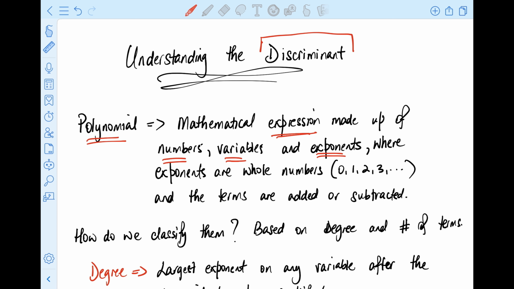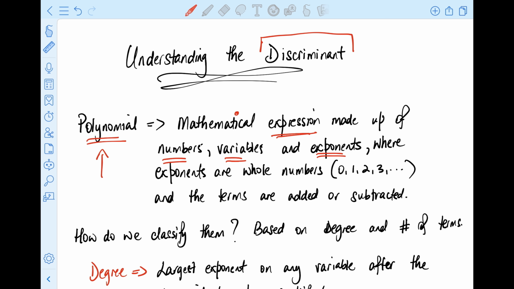So the first thing I want to talk about is a polynomial, right? Now, a polynomial is a mathematical expression made up of numbers, variables, and exponents, where exponents are whole numbers, right? One, two, three, etc., even zero. And the terms are added or subtracted.